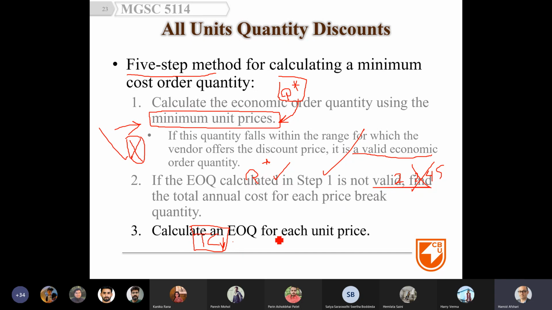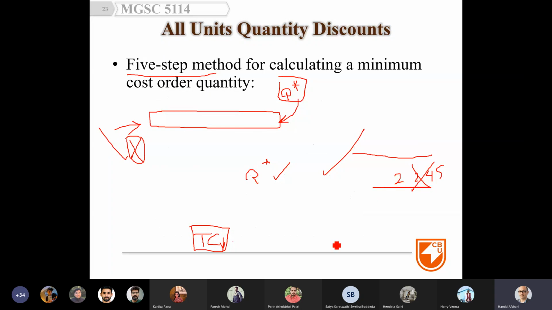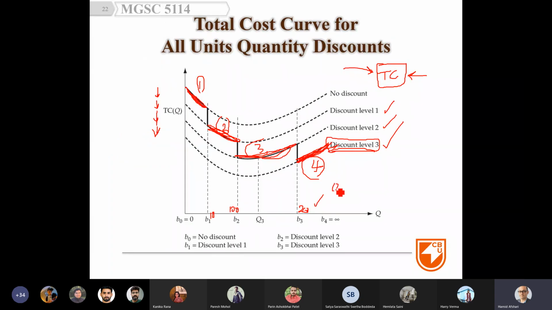Step number 3 will be the calculation of EOQ for the other ranges. So after you calculate Q star for this range and total cost for this range, then you need to calculate Q star for this range, Q star 3, Q star 4, and total cost 3 for this range, and for this range, for all of them.